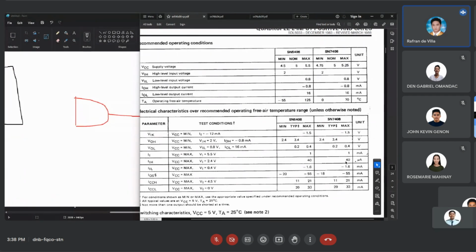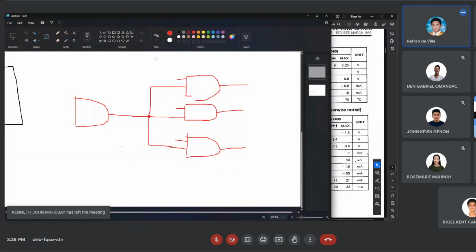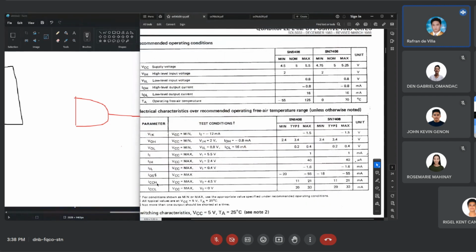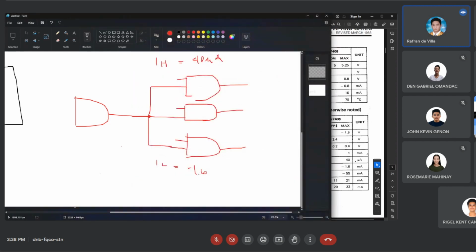Okay, so if we look here, we have input high and input low. For input high, that's 40 microamperes. For input low, we have negative 1.6 milliamps.